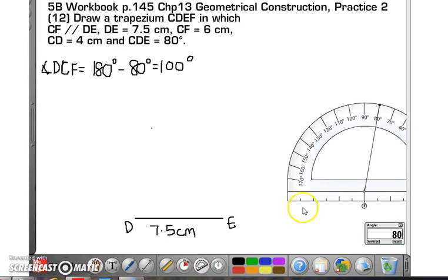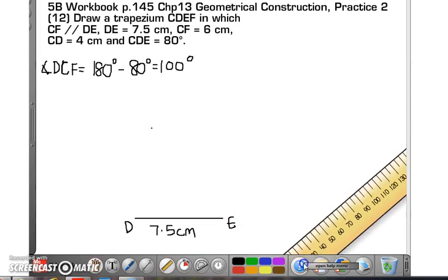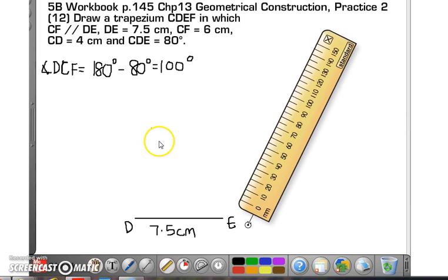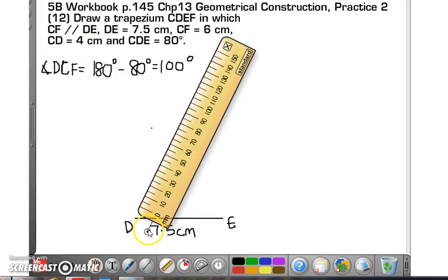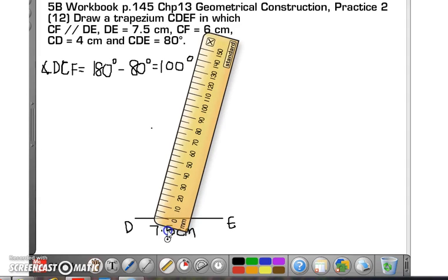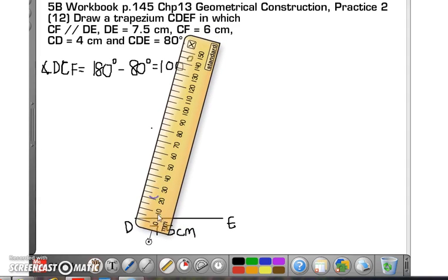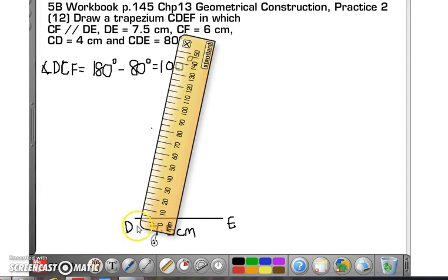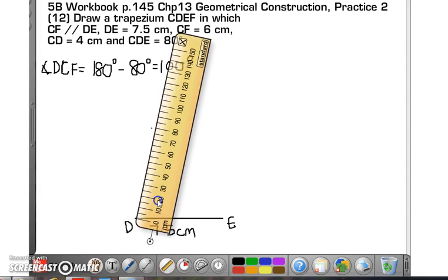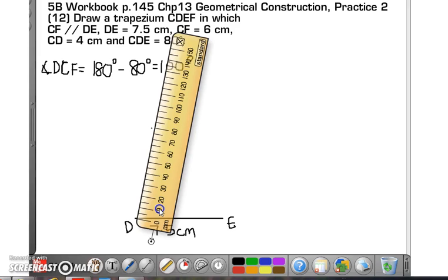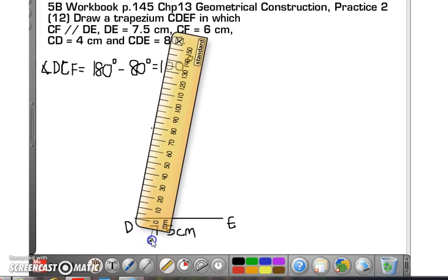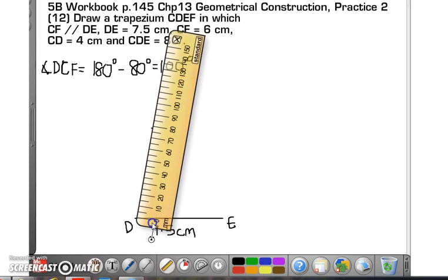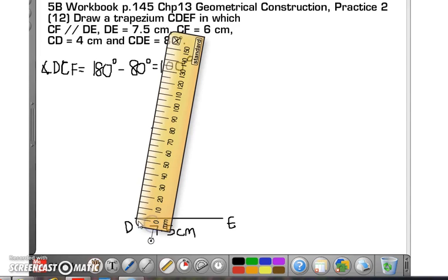So using a ruler, do we know the length of CD? Yes, it's given that CD is going to be 4 centimeters. So I'll make sure that we place our ruler such that it meets at point D and the protractor point that I've marked.